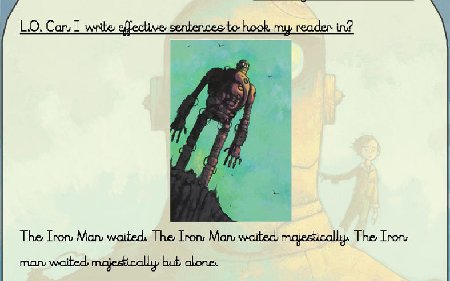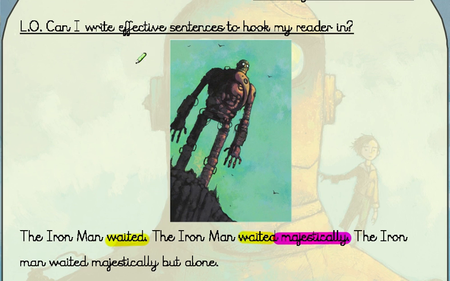Oh, I love that dramatic music. So really hooking that reader in, we've got 3 short sentences that we build on by adding a little extra information each time. So first of all, I've got the Iron Man waited, simply got the verb. Then I've got the Iron Man waited, and I've added an adverb. How did he wait? Majestically.